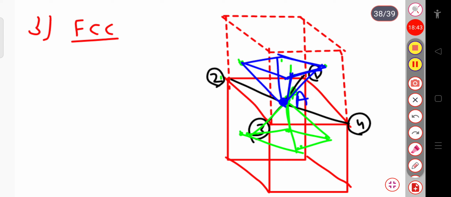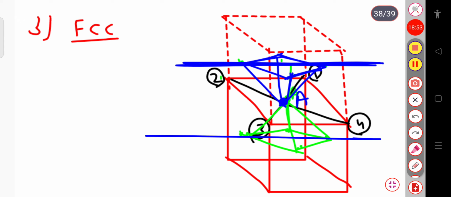Just above this face atom, this plane also contains 4 atoms, and also below point A, the face atoms form a plane, and here also 4 atoms are present.